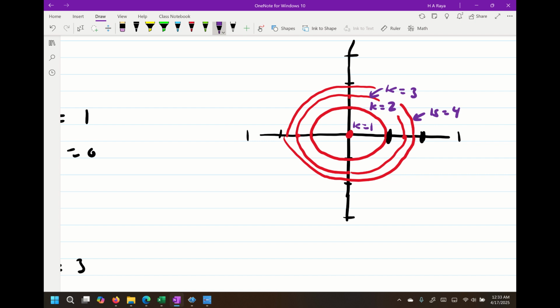With this two-dimensional graph, we can get a sense of what's going on with our three-dimensional graph. Notice that if I started a path from this point here and traveled this way, it would take me this long to travel up one whole unit. But if I started here and went in this direction, it will take me that long to travel up one whole unit.